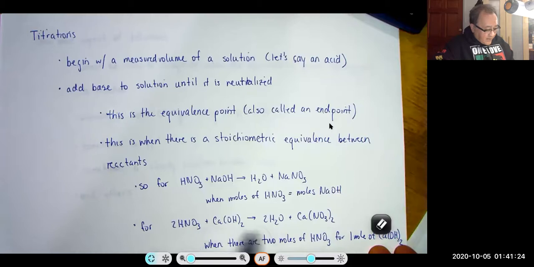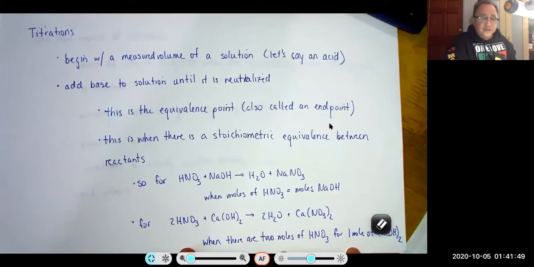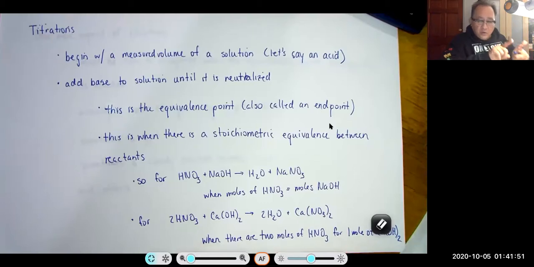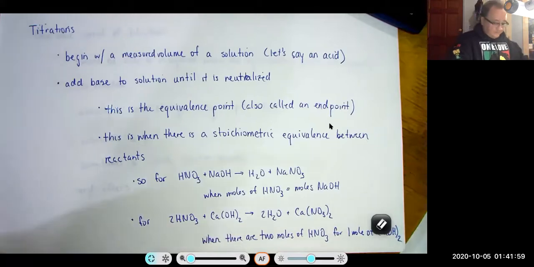In this balanced reaction, there are 2 moles of nitric acid for every 1 mole of calcium hydroxide to reach that neutrality point where you just get water and a salt. So here, the equivalence point, the endpoint, would be when there are 2 moles of nitric acid for 1 mole of calcium hydroxide. So the equivalence does not mean 1 mole to 1 mole. It means whatever the coefficients are, that's how many moles to how many moles when you reach the equivalence point.